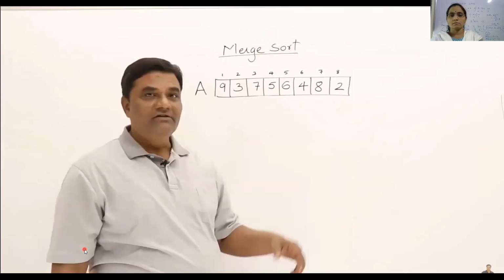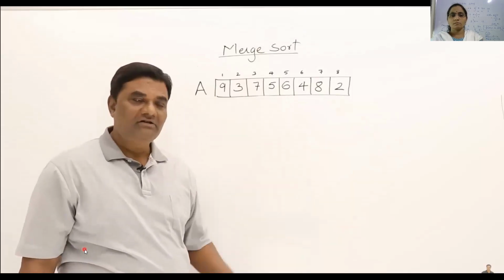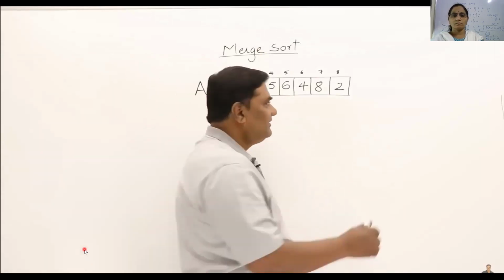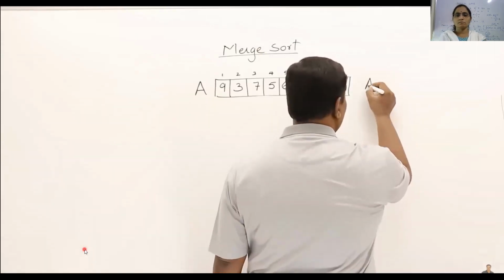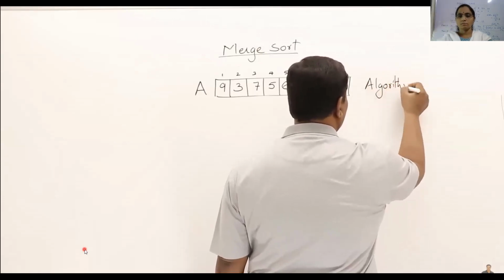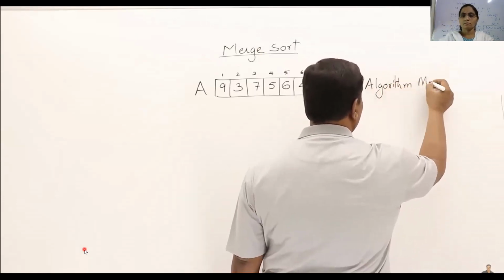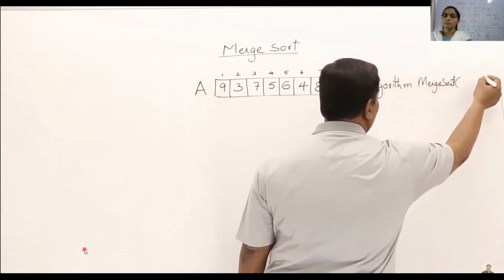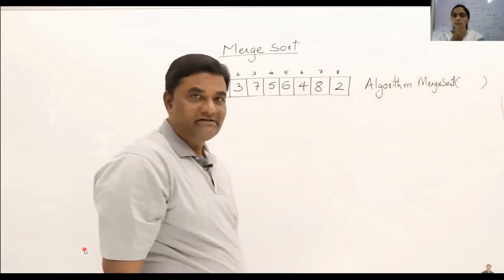Let me write the algorithm, then I will trace it. Algorithm merge sort. What parameters does it take?